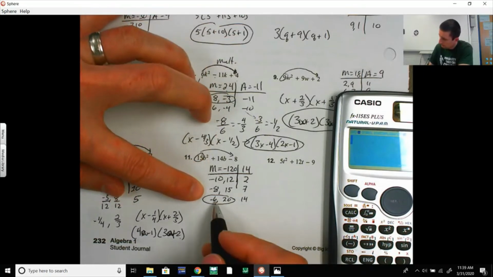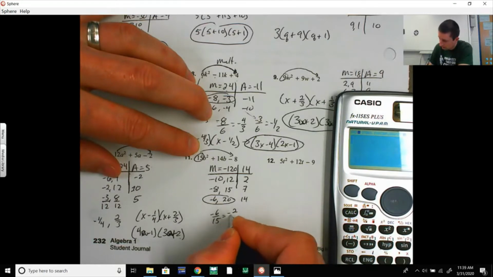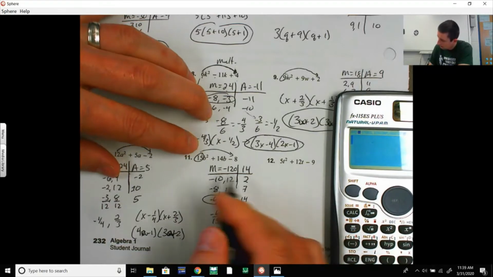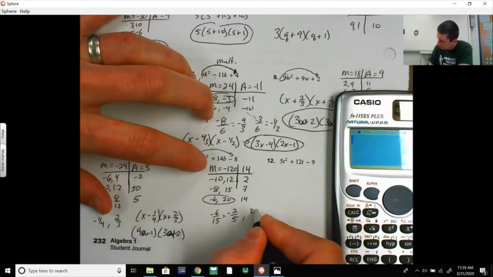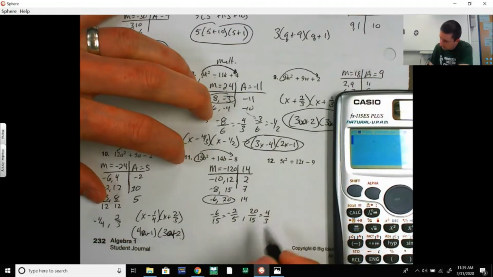Okay, so negative 6 and 20. We had a number in front, so I need to take negative 6 over 15 and reduce it. 3 goes into both of those, that'd be negative 2/5. And then I have to take 20 over 15, and that would be 4/3, dividing those by 5. So x minus 2/5 times x plus 4/3.